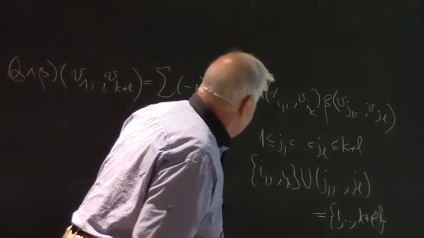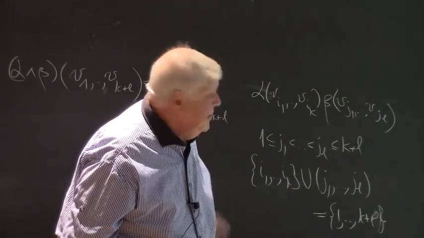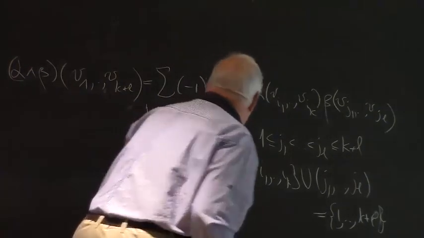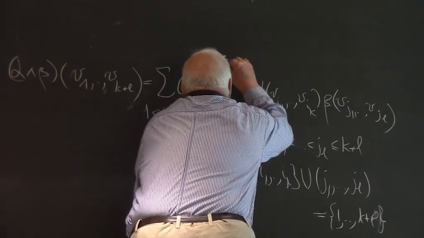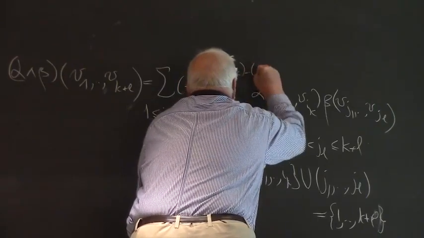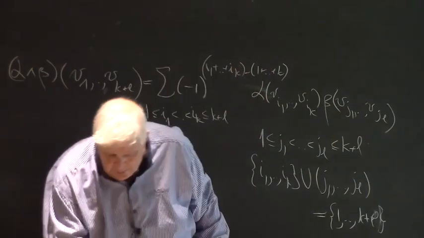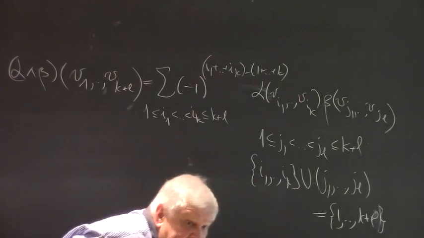Now here, plus or minus, I need to arrange them in such a way that the resulting form will be skew-symmetric. And here I write i1 plus ... plus ik minus (1 plus ... plus k). So if the i's are just 1, 2, 3, and so on up to k, then the sign will be plus.